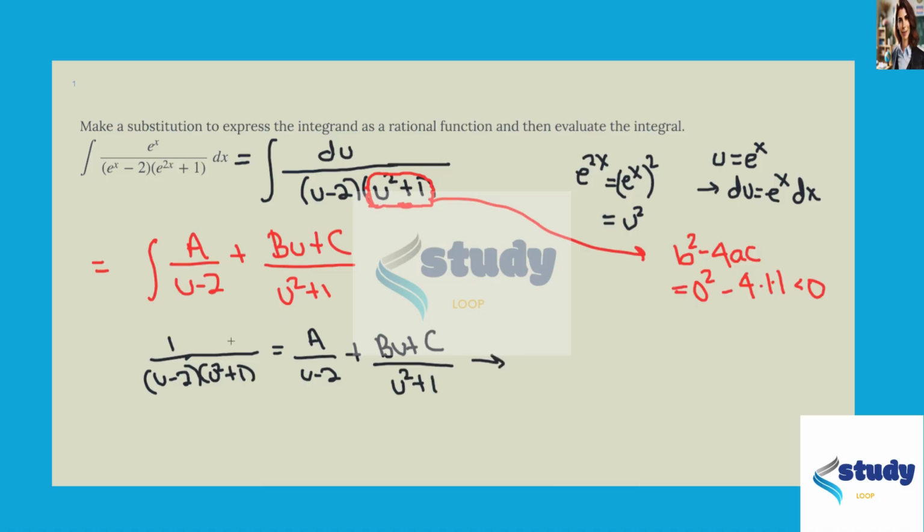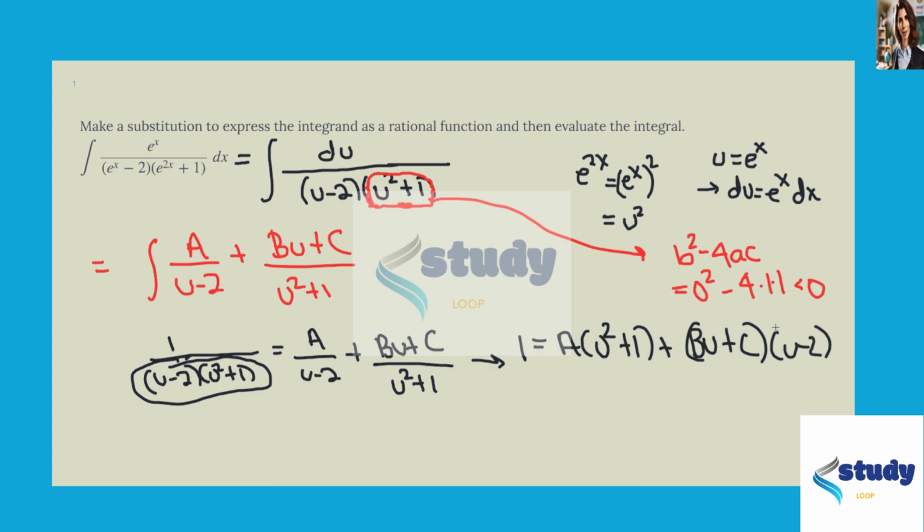Multiply both sides of this by the denominator on the left. And that's what we get on the right. And then we just go ahead and simplify that right-hand side. Au squared plus a, bu squared, cu minus 2bu minus 2c.